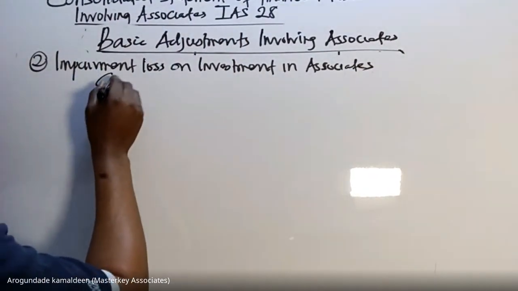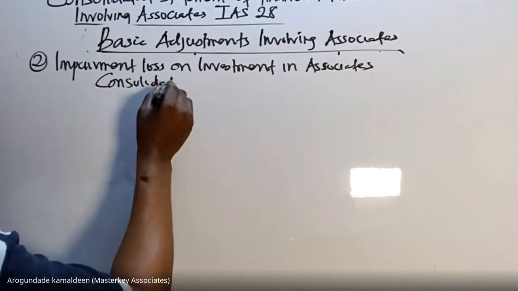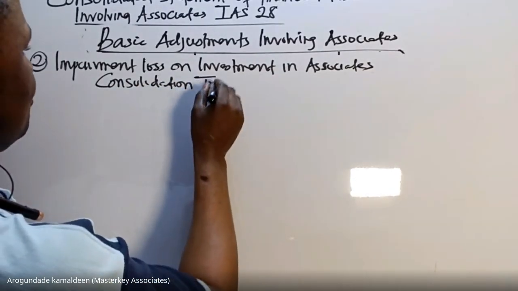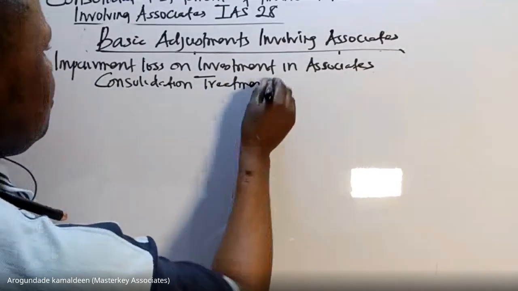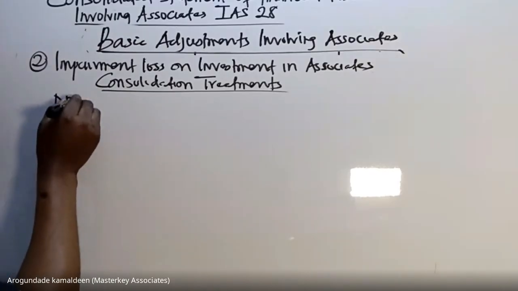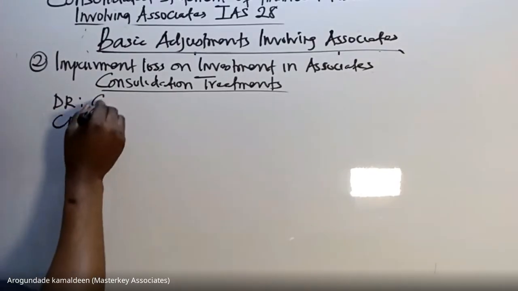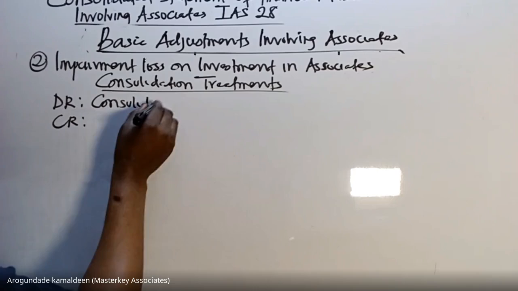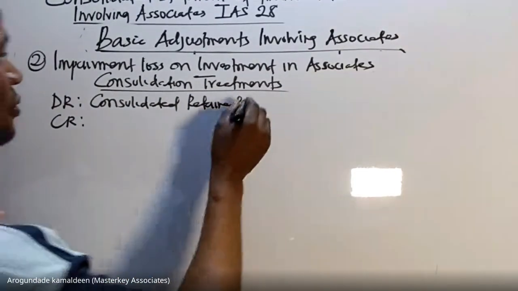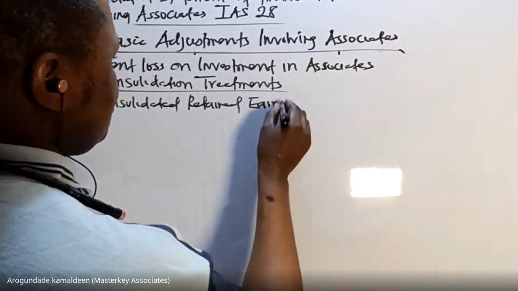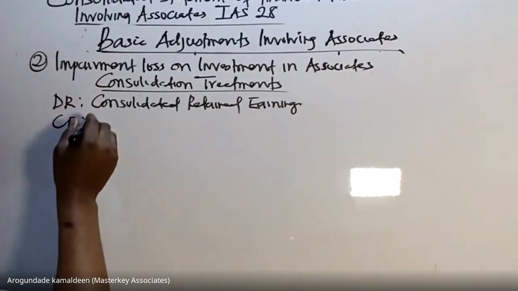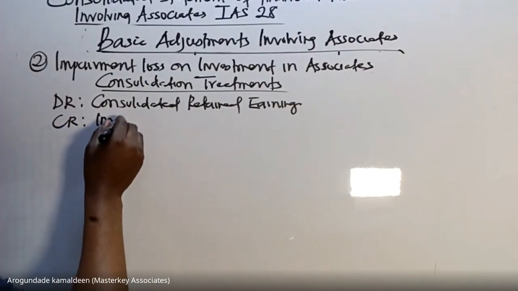So the consolidation treatment: you debit the consolidated retained earnings and you also credit the investment in associates.